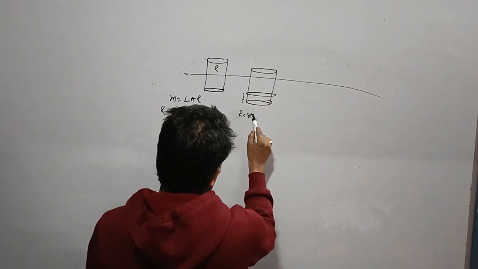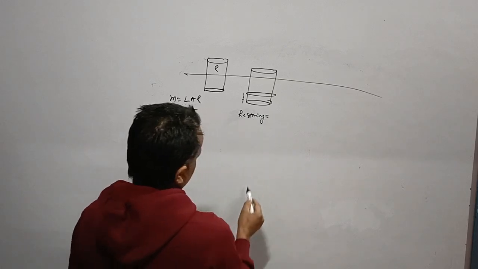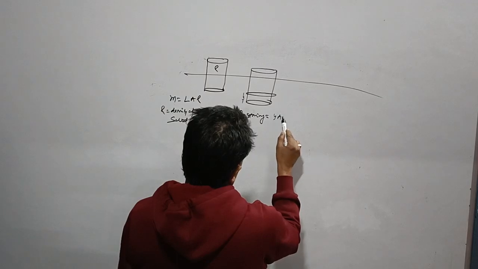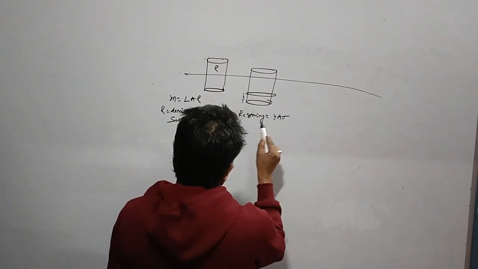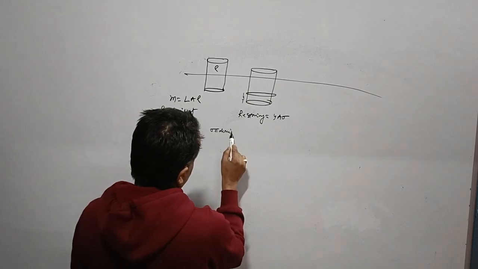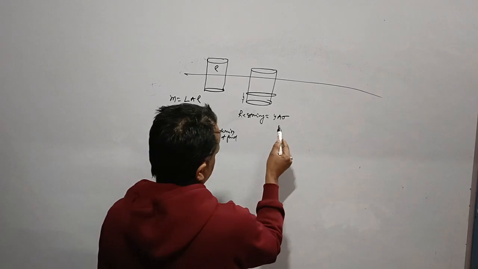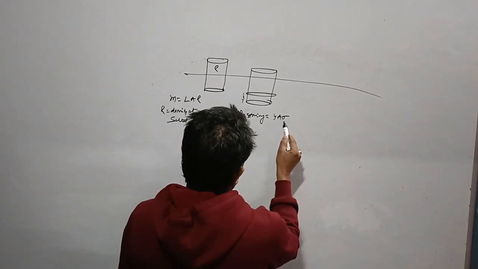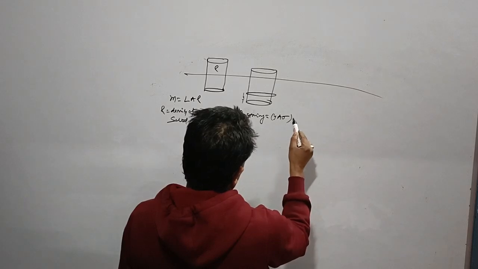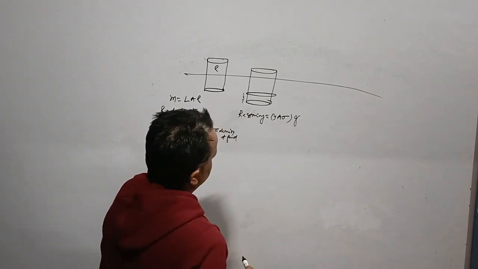Restoring force is mass into gravity: Y into A into sigma, where sigma is the density of the fluid. This is volume, this is density, and this is the gravity.